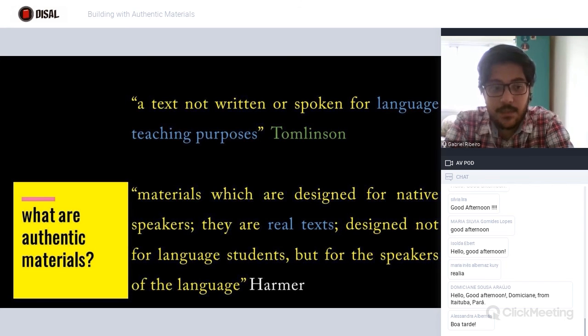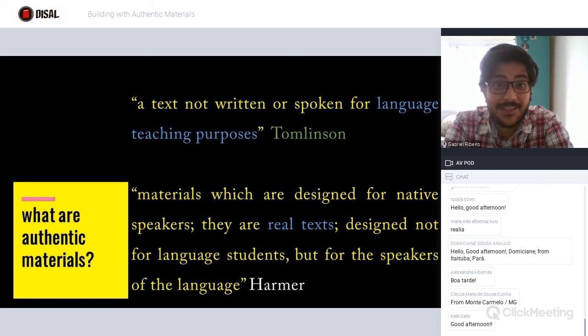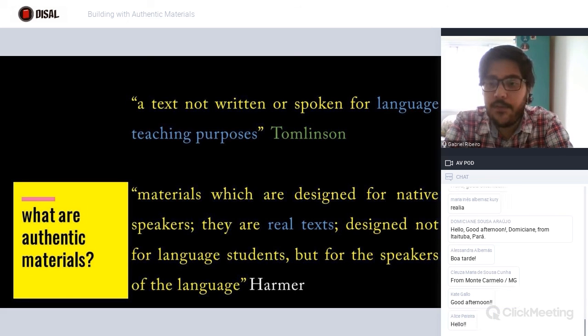In order for it to be authentic, it was designed for another reason, mainly to communicate an idea, maybe to entertain. So if I get an episode from a sitcom to use as an example in class, then I can consider that this is authentic material. If I am using a book that is unabridged, it's authentic material as well.